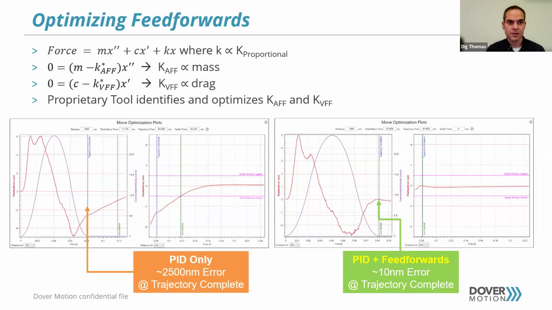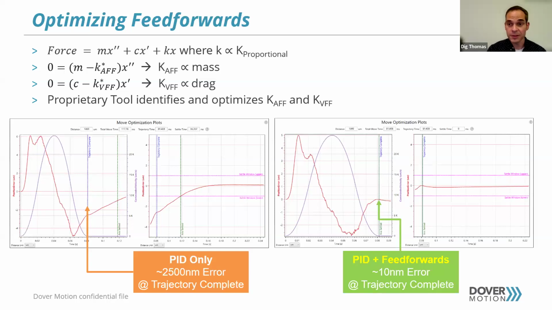Do you do it correctly? Well, here at Dover, we developed a proprietary tool which will identify and optimize both the acceleration and velocity feed forward by estimating your mass, as well as the overall average drag in your system.